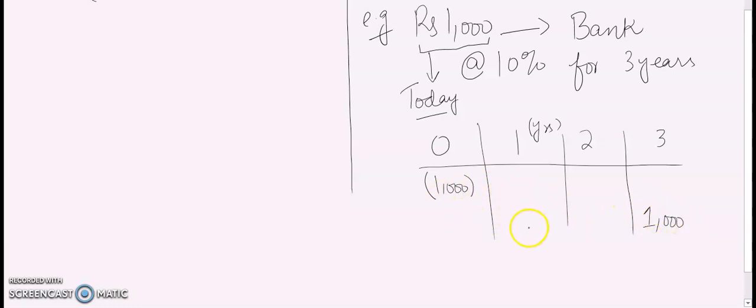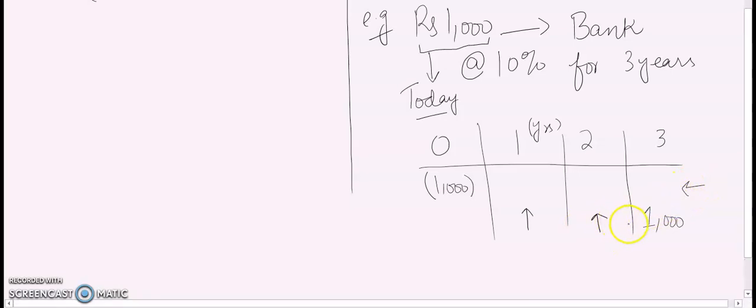You will get interest here, you will get interest here, and you will get your principal back after 3 years. So the formula for future value is your present value multiplied by 1 plus interest rate power n.